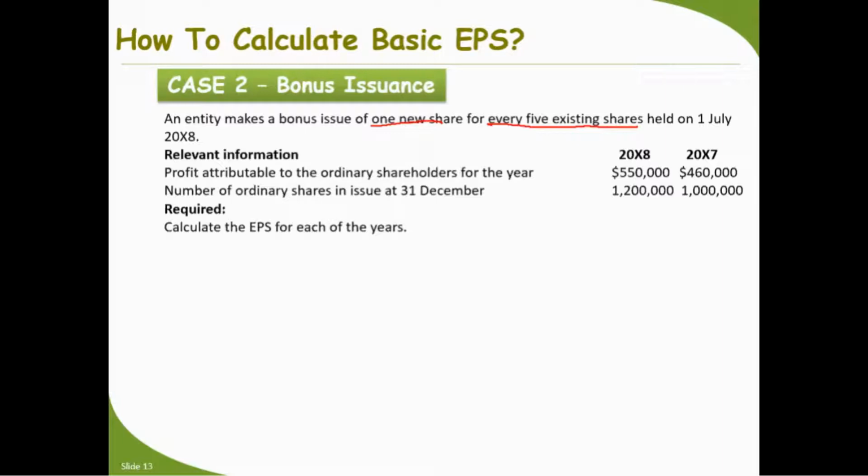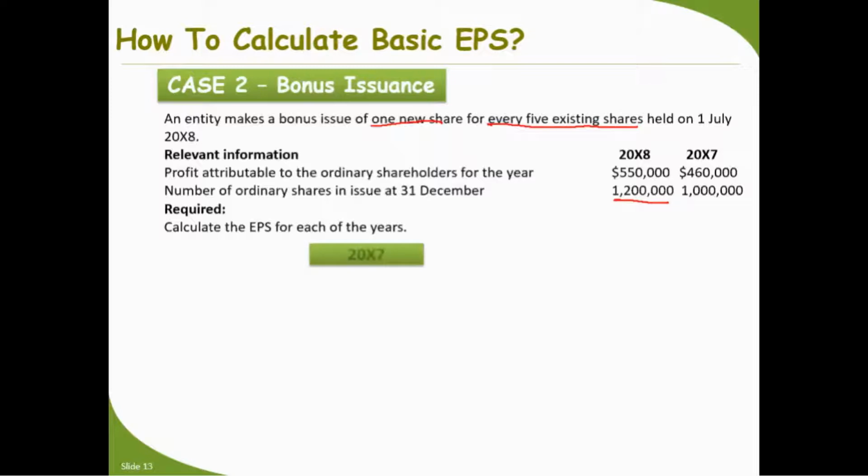So 1 million divided by 5 times 1. How many bonus shares issued? 200,000. So as it is indicated here, in 2008 shares are increased by those 200,000. It means there is only a bonus issue, no other issues during the accounting period.